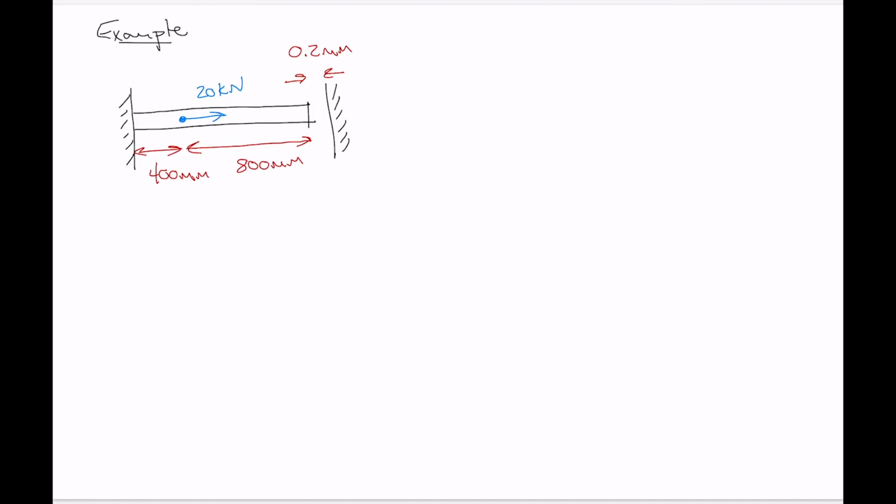Some information about the rod now. We've got a steel rod, let's say it's 10 millimeters in diameter and has a modulus of elasticity of 200 gigapascals. What we want to know is, when the 20 kilonewton load is applied, what are the support reactions?